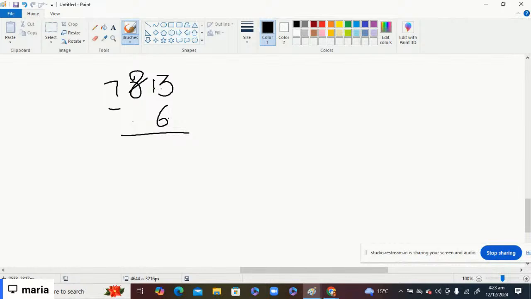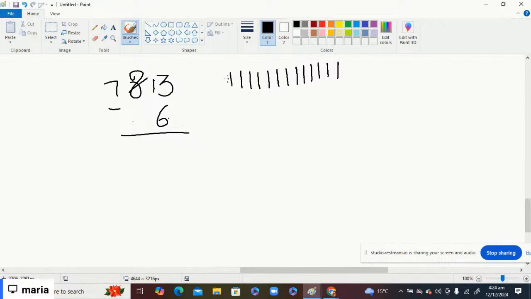Always when you are going to take 1, you are not adding in it. Okay, you are not going to add. You are just going to check 13 minus 6 now. Let's do it. So we are going to put here 13 lines: 1, 2, 3, 4, 5, 6, 7, 8, 9, 10, 11, 12, and 13.